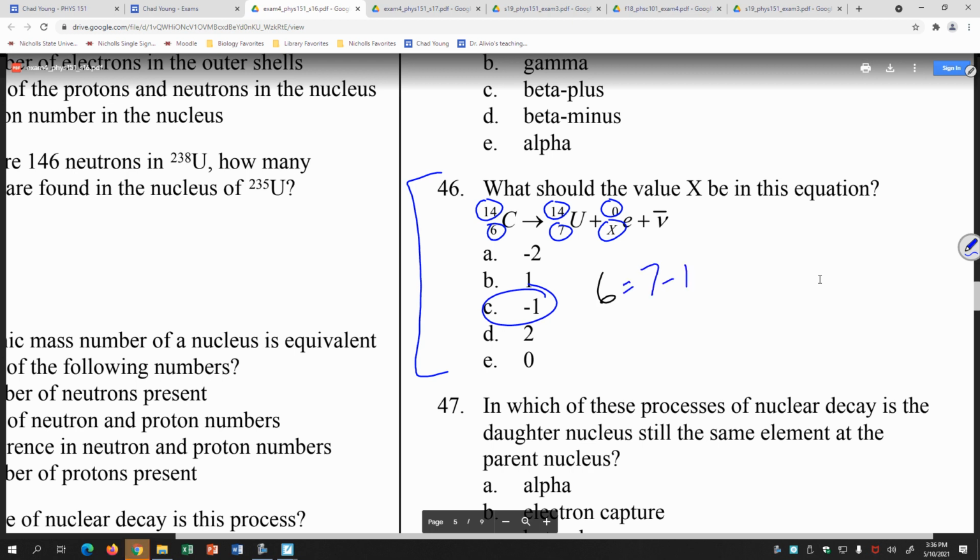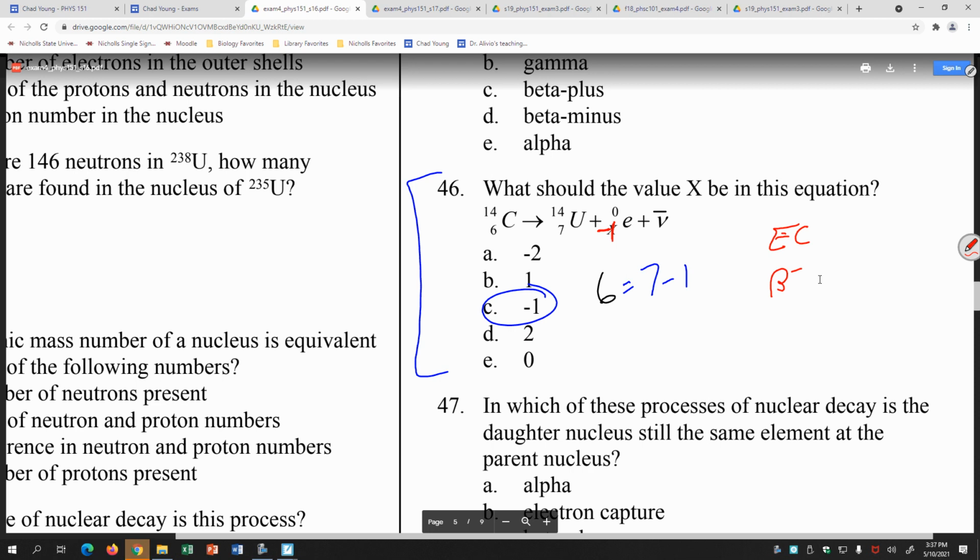By the way, what type of decay is this? What do y'all think? So I know that this is a minus 1. And because it's minus 1, that limits me to electron capture or beta minus decay. Which is it? It's beta minus.